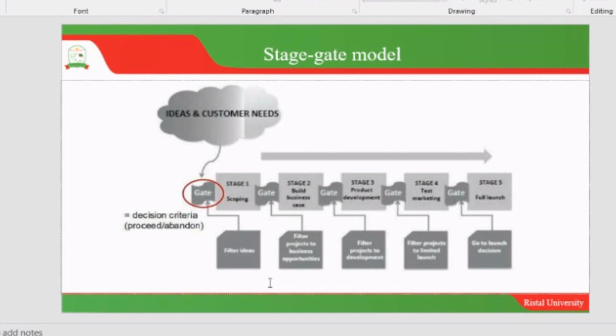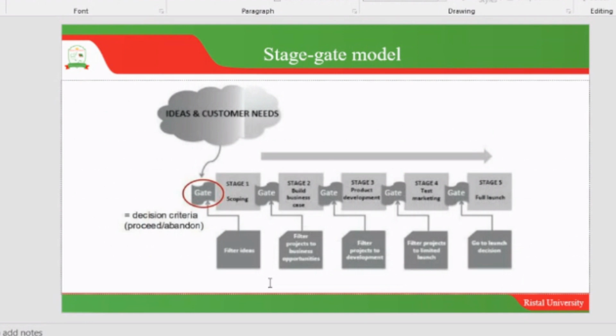We look at the ideas based on those problems. We then, after we have seen those ideas and the customer needs, are going to scope and see which is the best idea.